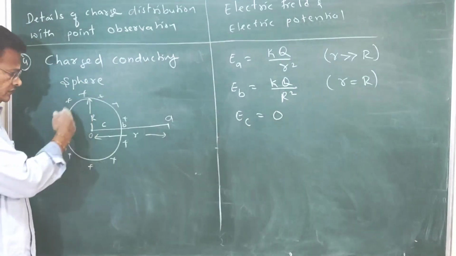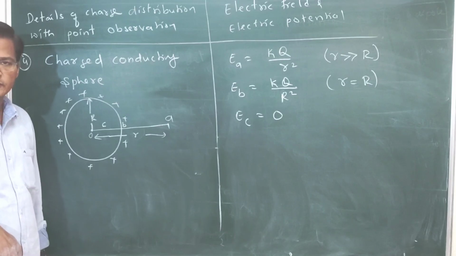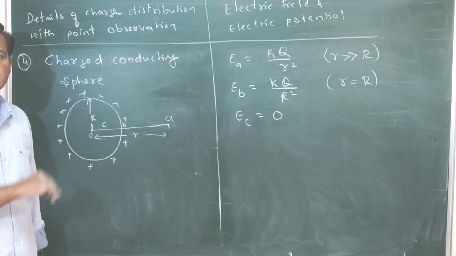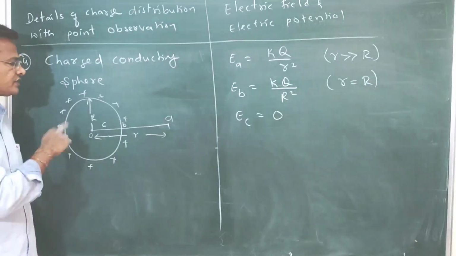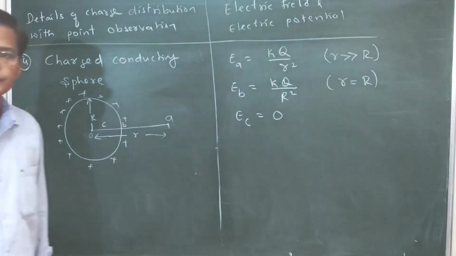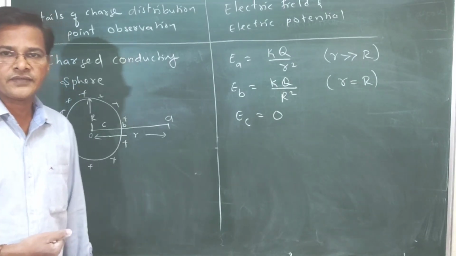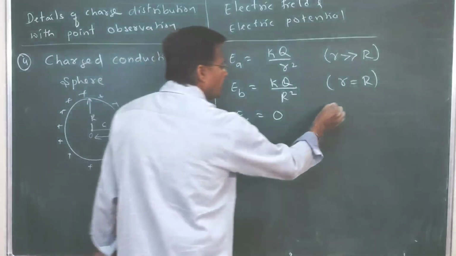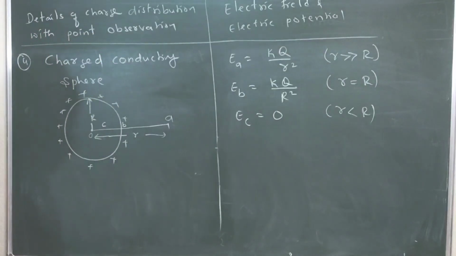Because inside is a constant equipotential and there is no charge, Q equals 0. If there is no electric flux, then there is no electric field according to Gauss law. That is for r less than capital R.